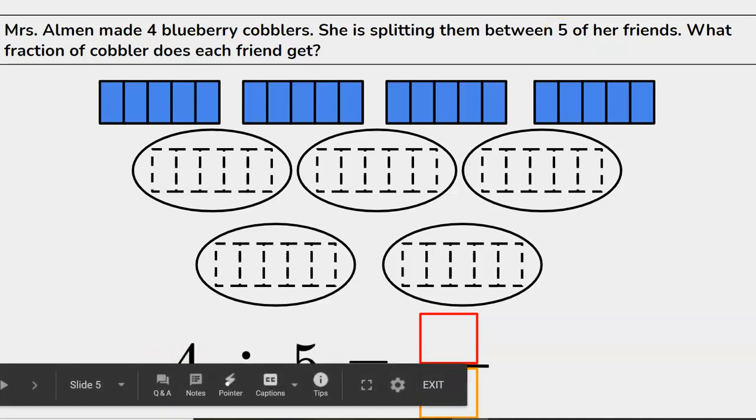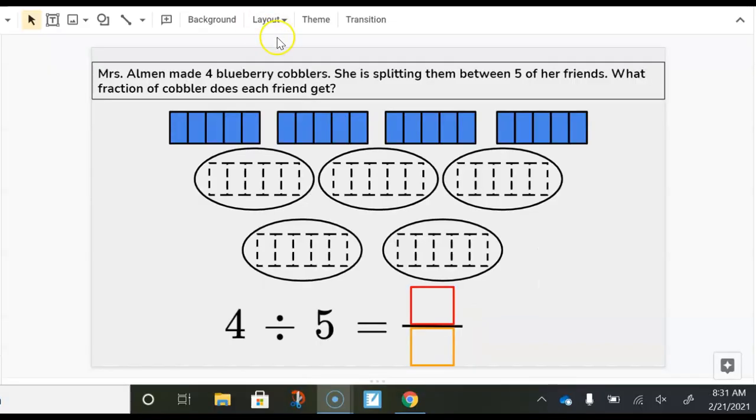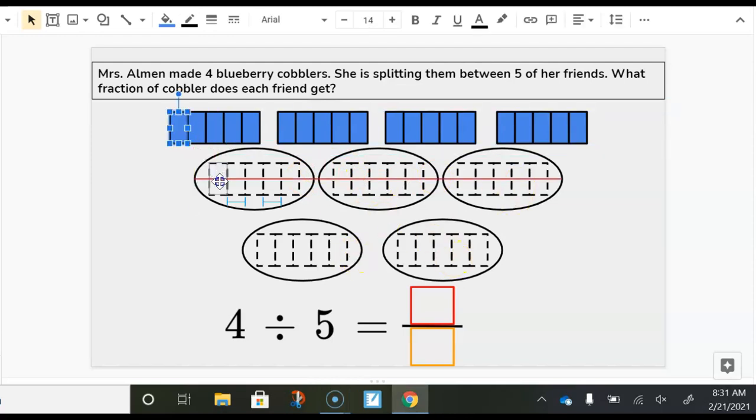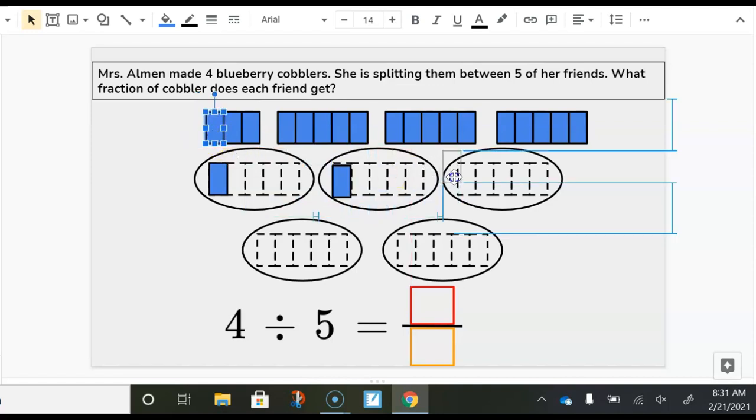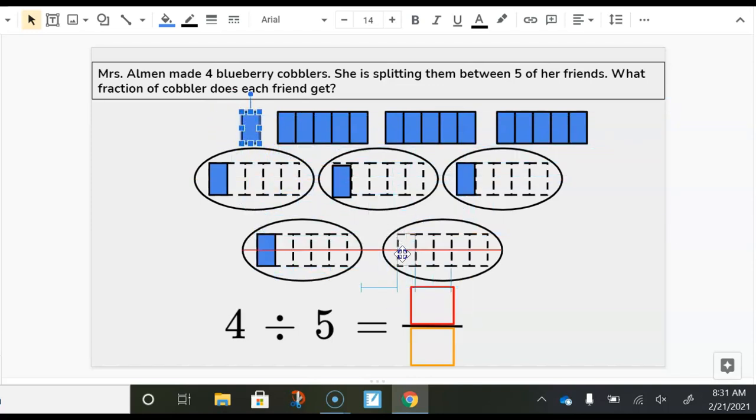So I'm going to show you how we would do that. We are going to take 1/5 at a time and give it to each of her 5 friends. So I'm going to put 1 here, 1 here. It doesn't have to be perfect, but try to fit it in the little spots left for you.